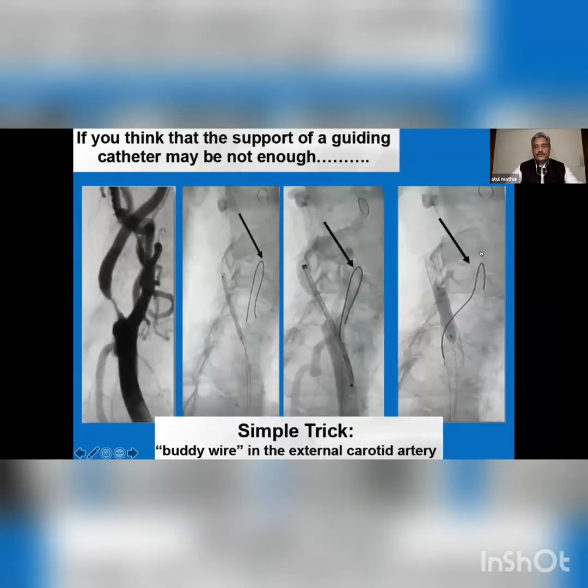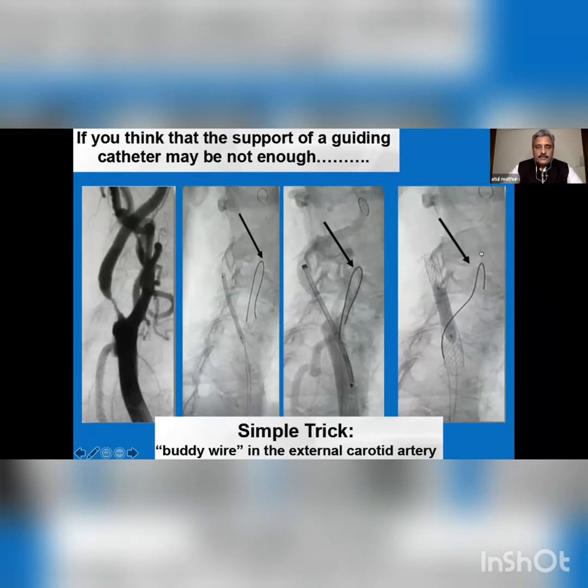Now the challenge was that we had to withdraw the bridge wire which was hanging inside the arch of the aorta. Once we withdraw that bridge wire, we lose a lot of support in the Python catheter. And would it be sufficient to hold the passage of the carotid stent going up into the tortuous carotid artery?